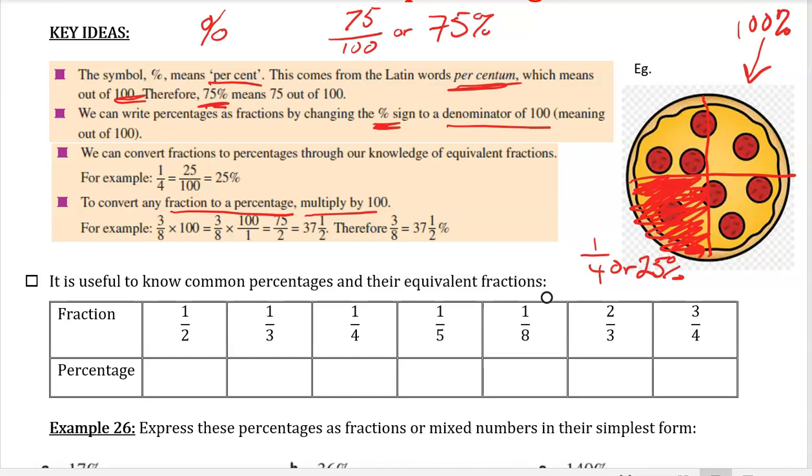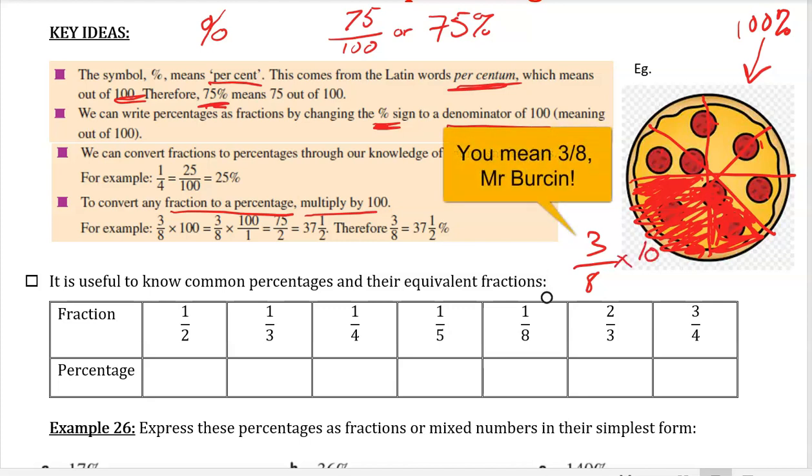So if we had 3/8, let's say we're going to divide that pizza into eighths now. Do that. And I'll have 1, 2, 3/8 of this pizza. That's 3 out of 8 possible slices. Remember, there's 8 in the entire pizza, so that's the whole pizza. Well, I'm going to work out what that fraction is. So 8 times 100 is really like saying 8 times 100 over 1. That's exactly the same thing.